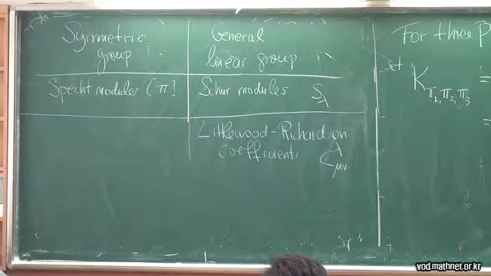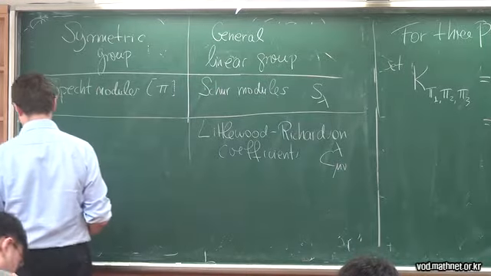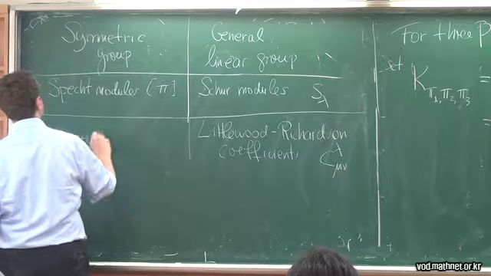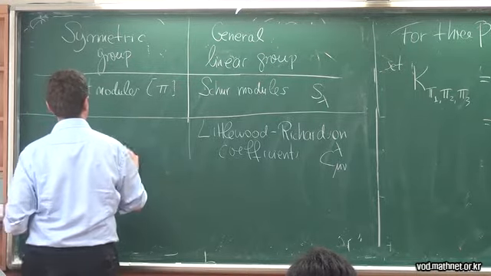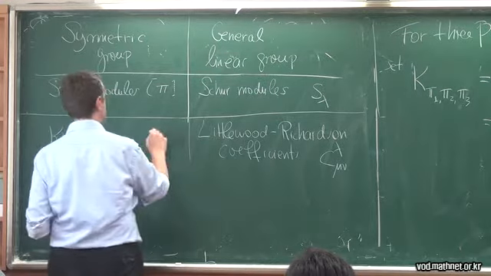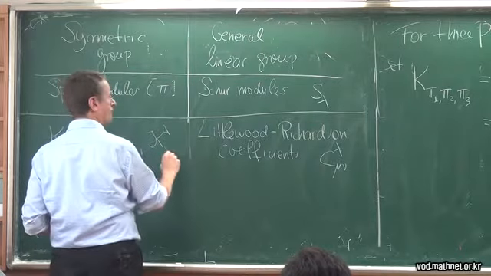For the symmetric group, we also have structure constants. They're also important. They are called the Kronecker coefficients, and they are denoted kappa. Well, I could also go lambda, mu, nu.